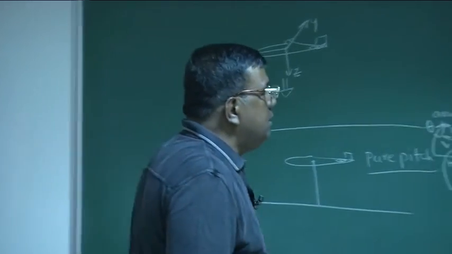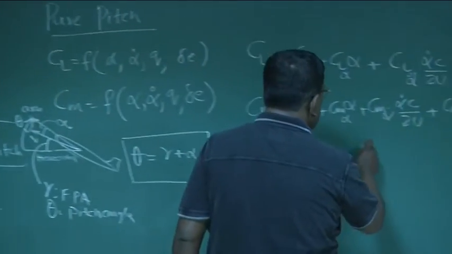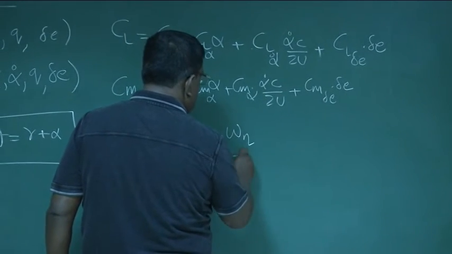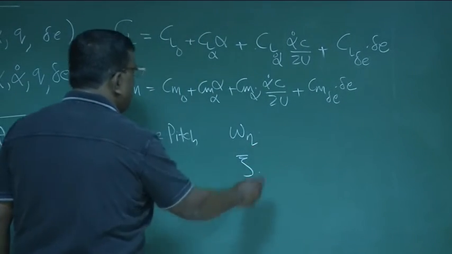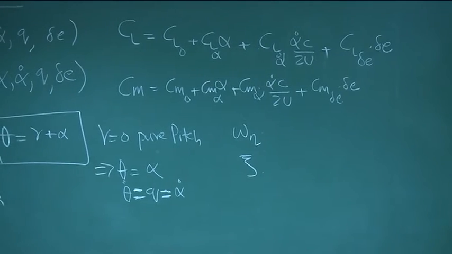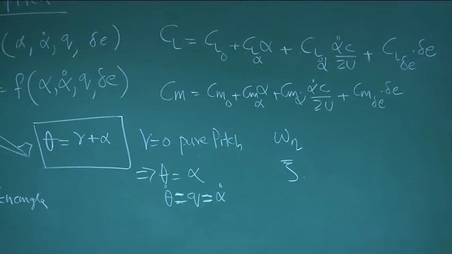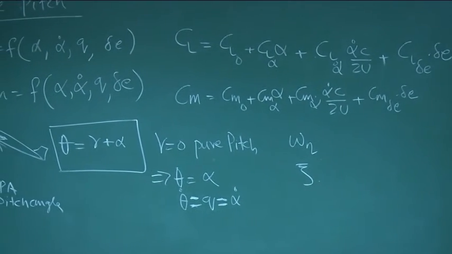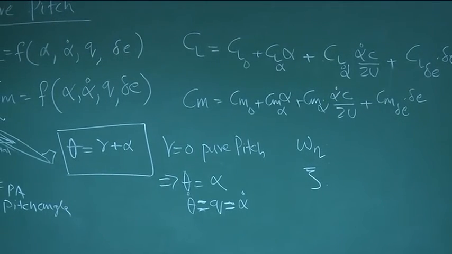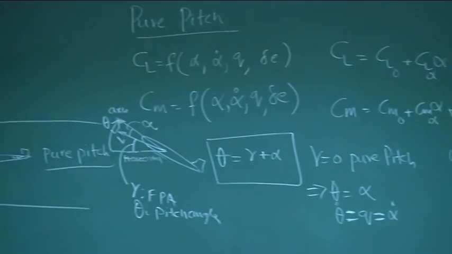So what we are trying to find out is omega n and zeta. You are very aware that omega n is the natural frequency and zeta is the damping ratio. We have discussed this in earlier lectures.